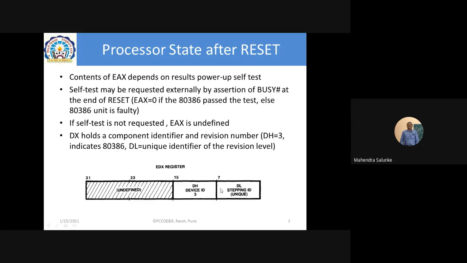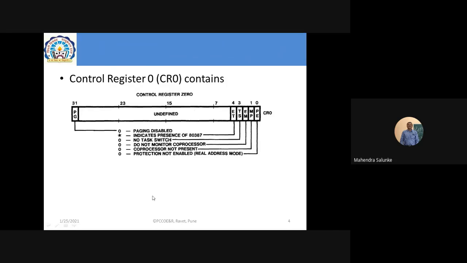Now, the control register CR0. Initially you can see these are the protected mode registers, but at this stage after reset, all bits in CR0 are 0, including the PG bit. The ET bit is the coprocessor extension bit. The ET bit indicates whether the 80387 is available on your motherboard or not.